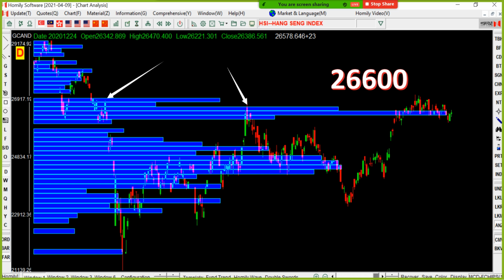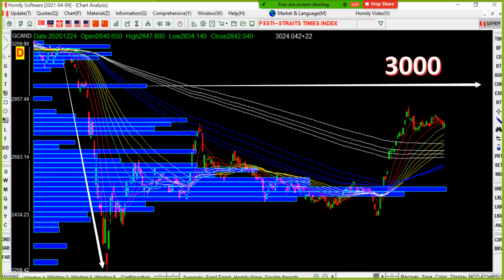Then for our Singapore market, we can see our STI dropped all the way this year in February and March, almost touching 2,200, then rebounded all the way to the earlier June. In November, we were so strong that we cleared the resistance from the earlier June.